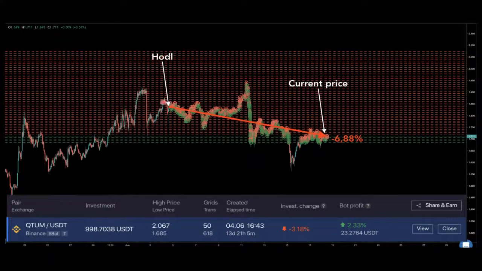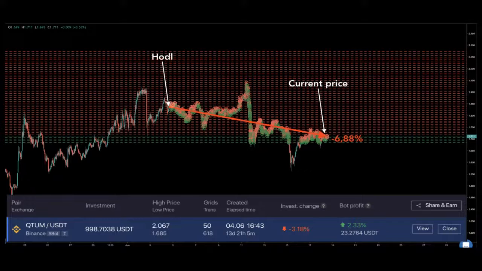If you would have bought the quantum at that point, where I'm pointing my laser right now, down to that point, you would be in the negative investment change. So you would have a minus 6.88% loss, whereas with automation, your investment change is only minus 3.18%.